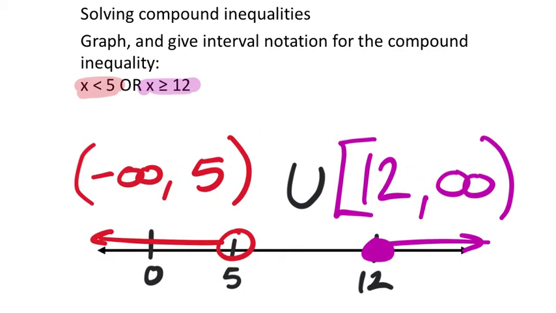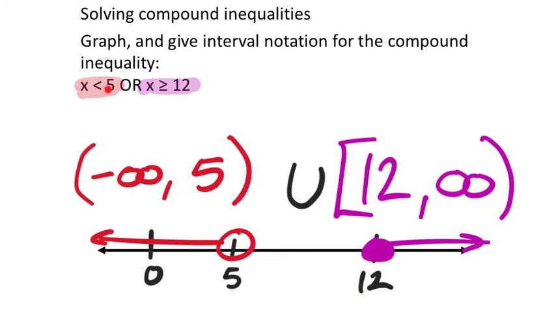Now, this also means that if you put in, let's look at an example, like 0 here, 0 only makes this one in red true. It does not make this one true. It doesn't have to make both true. It only has to make one true, one or the other. So what values make both not true? Well, let's say 10. 10 is an easy number to work with, right around there.